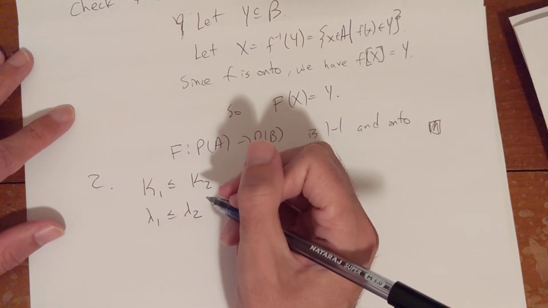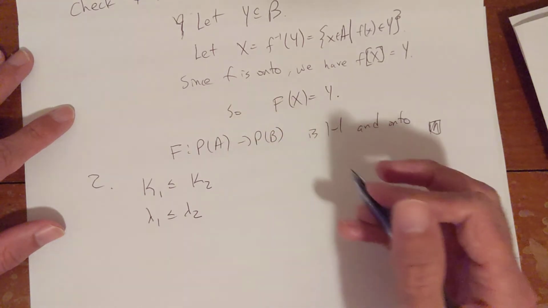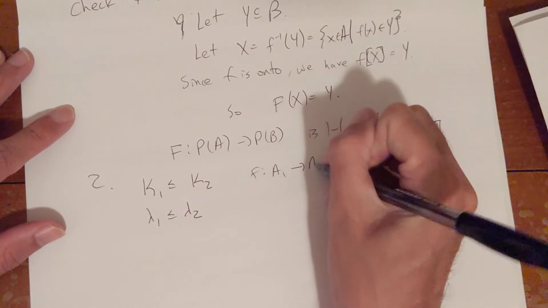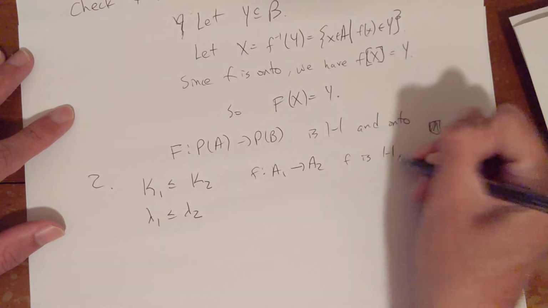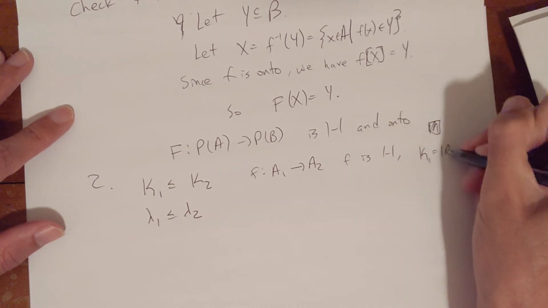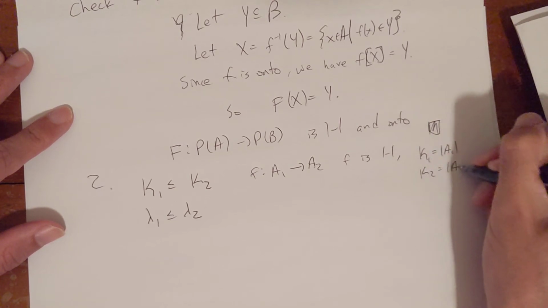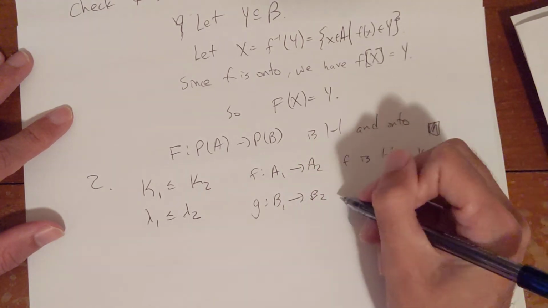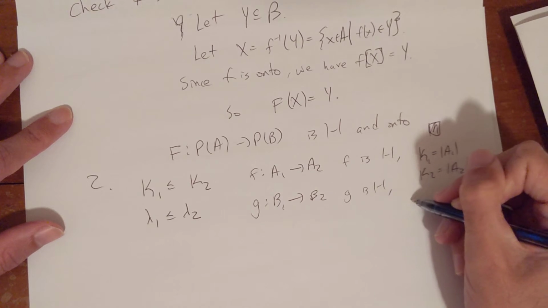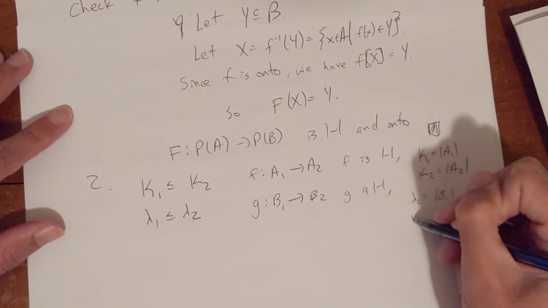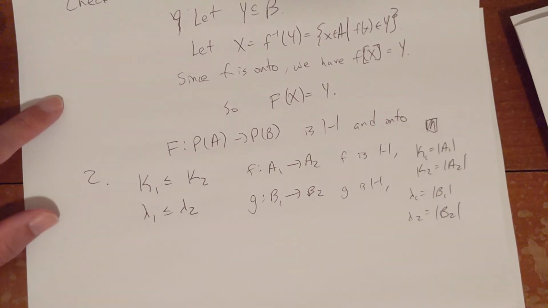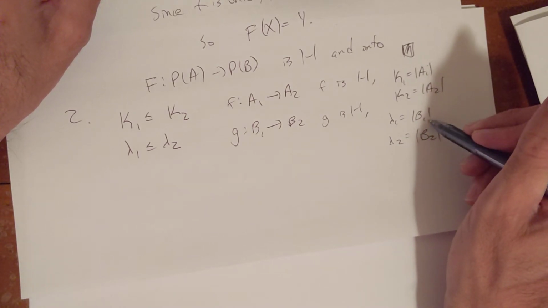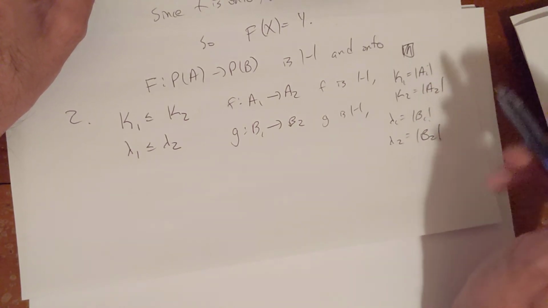I have to show that kappa 1 times lambda 1 is less than or equal to kappa 2 times lambda 2.